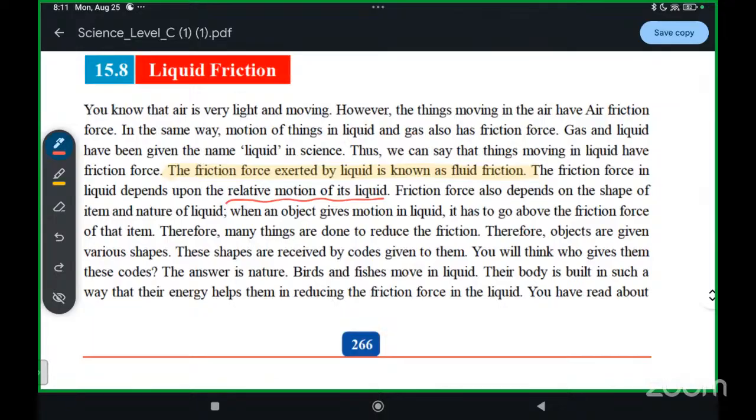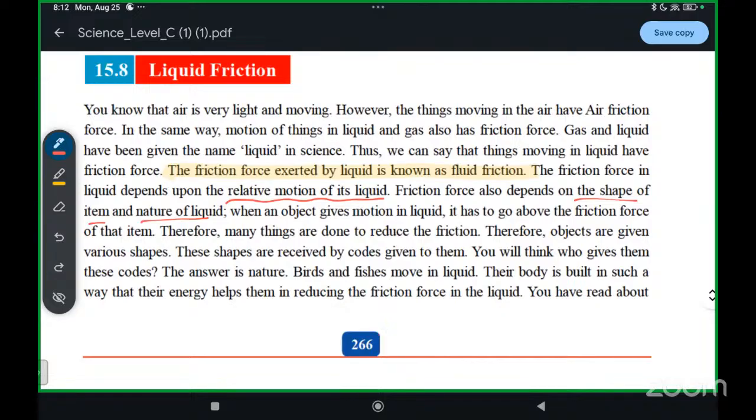Then friction force also depends on the shape of the item and the nature of the liquid, which can be its density, and the shape of the container it's poured into.